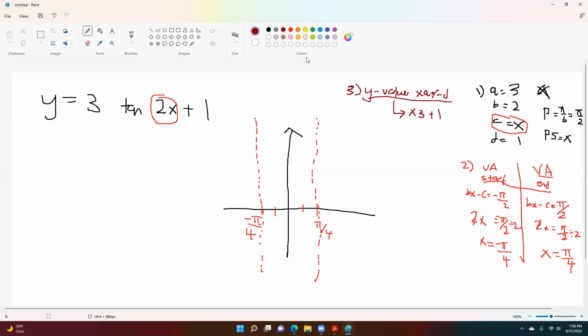How many y values do you have to take? 3 of them. One is at 0, 0. One is at the middle part of this 1, and the other one is at the middle part of that negative 1. So what you need to do here is take these 3 points on the y value, multiply by 3, and add 1.